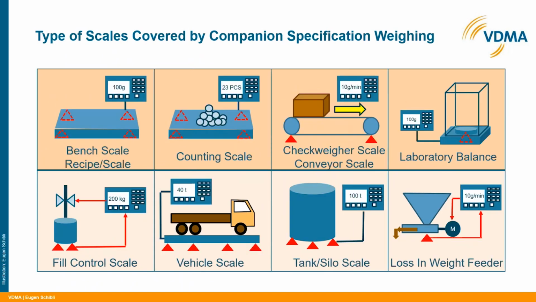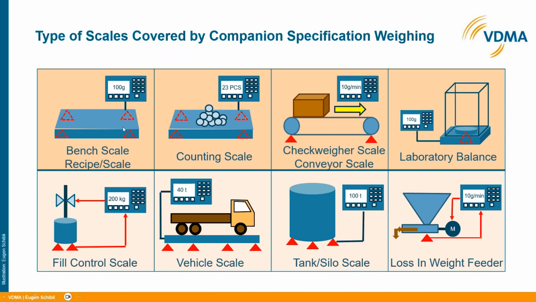The companion specification for weighing includes 140 pages. And it includes about 150 nodes, methods, events, and alarms. So it's quite a broad standard, because weighing is used in many different industries and for many different applications. Here I give you an overview of what is covered.